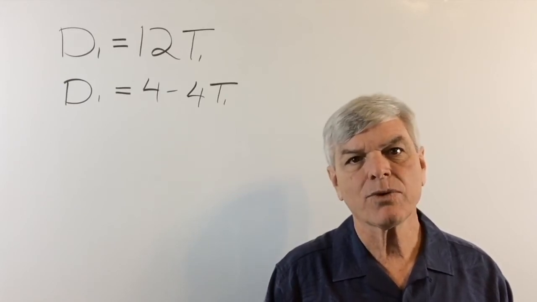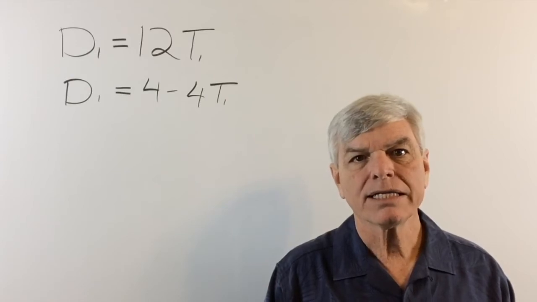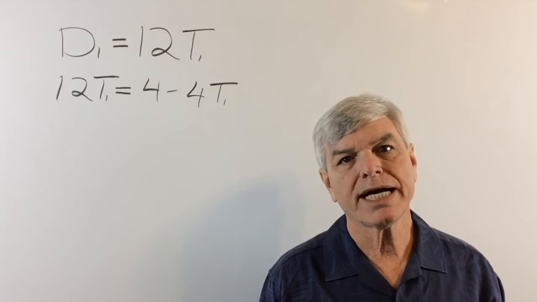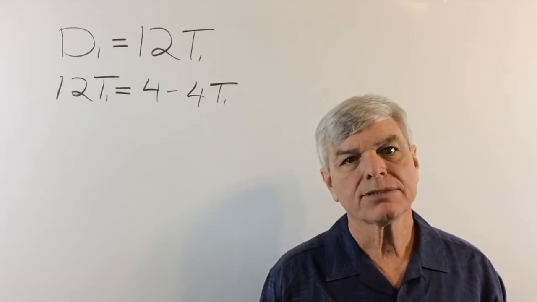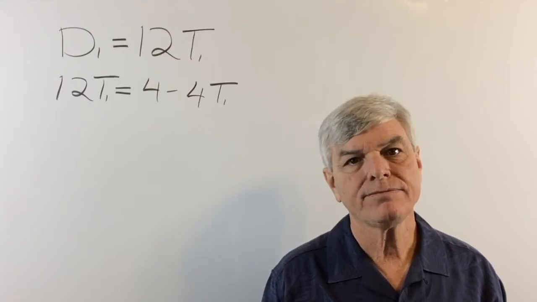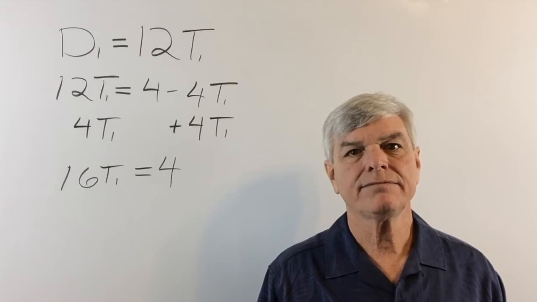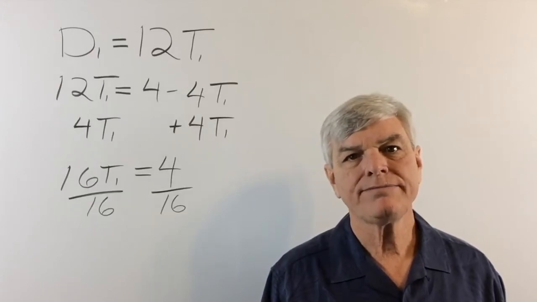Now you can do it either way, it doesn't matter, but that looks the simplest to me. There we go, and again we're down to one variable. Let's bring that 4T1 over to the left-hand side of the equation. Bring all that down. Divide both sides by 16, which isolates our T1.